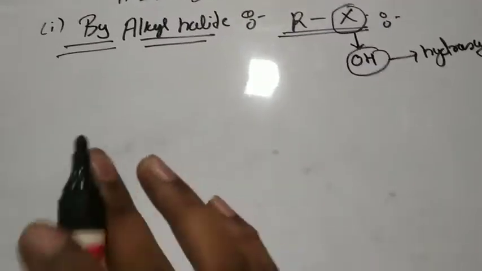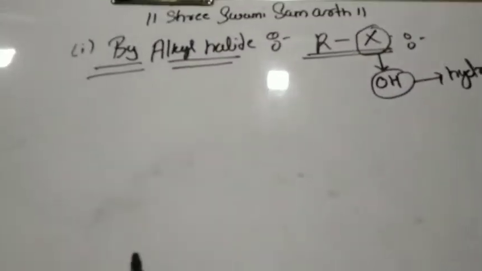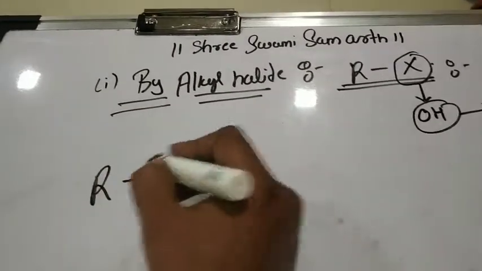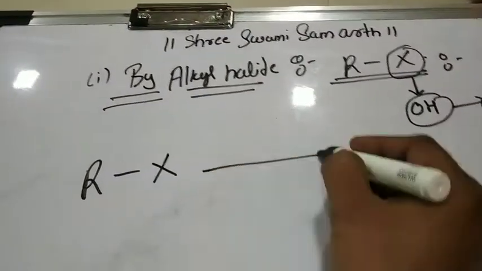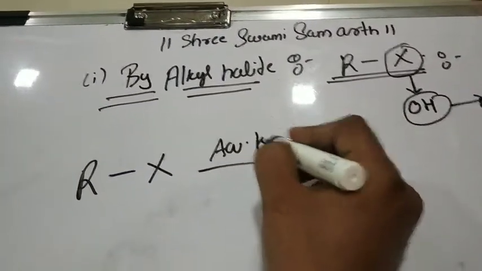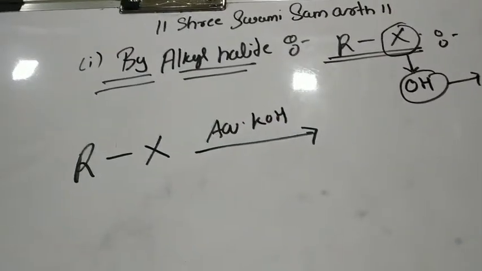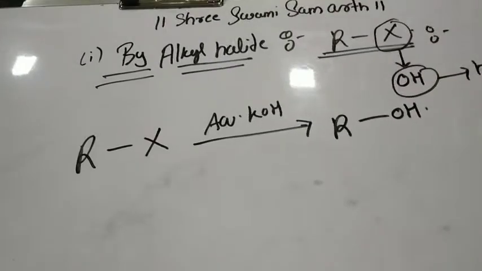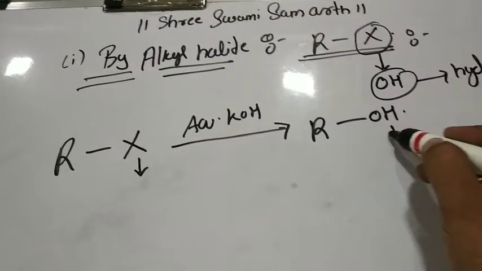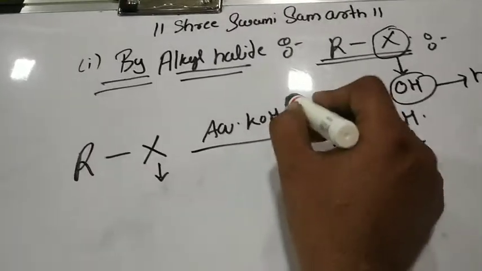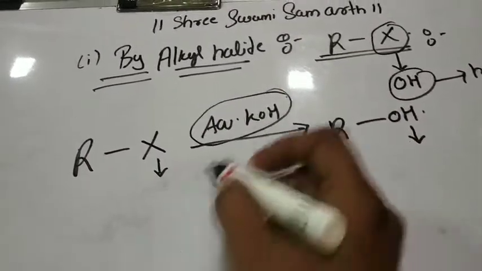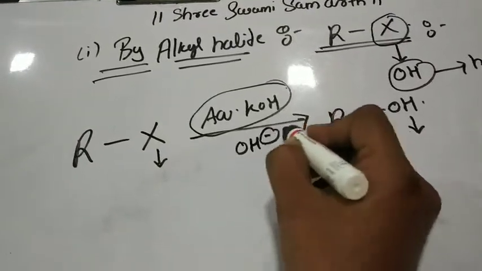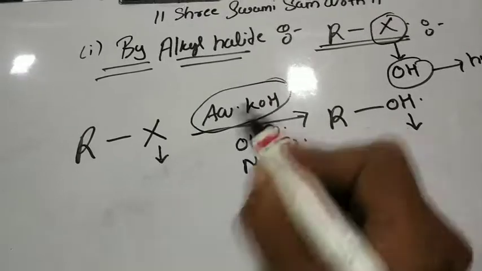Let's see what happens exactly in this reaction, and which nucleophile we are going to use. See here: RX in presence of aqueous KOH gives ROH. This is the general reaction. You can see that this X is replaced by this OH. What is used as the nucleophile in this case? Aqueous KOH is the condition, and OH minus is used as the nucleophile in the reaction.